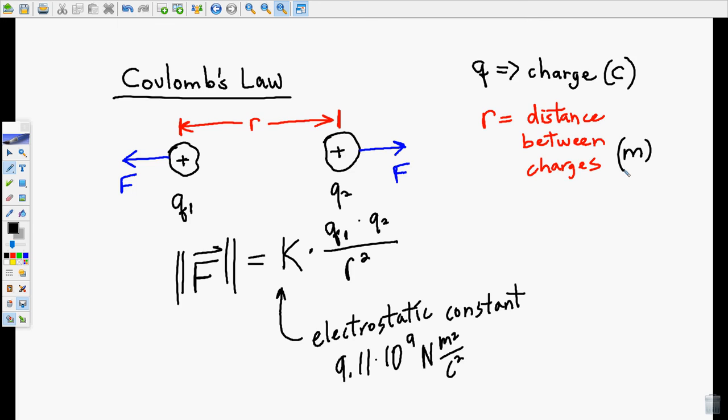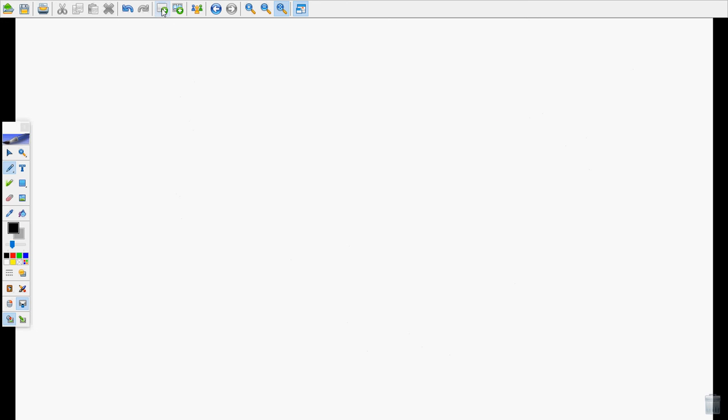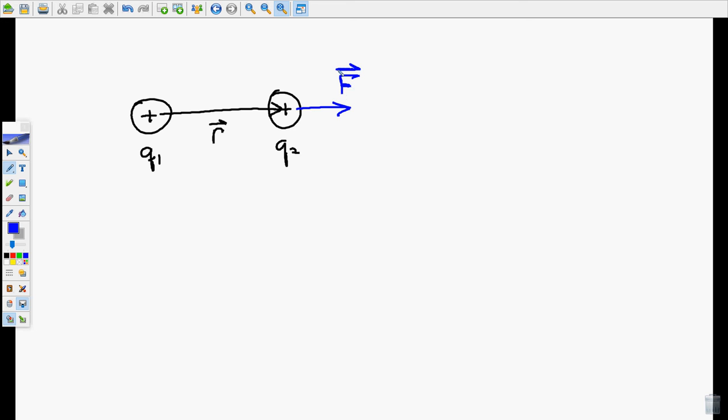So if we just focus on the force acting on Q2, it becomes a scenario like this, where you have Q1, and then you go out a certain displacement vector, R, and over here you have Q2, and we know that like charges repel, so there's going to be a repelling force pushing Q2 away. And this repelling force is a vector quantity as well.